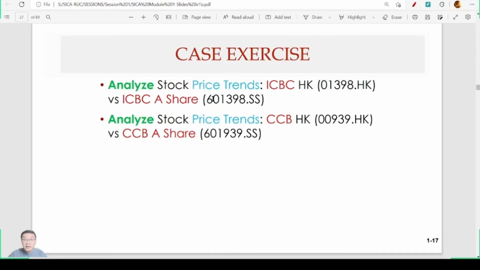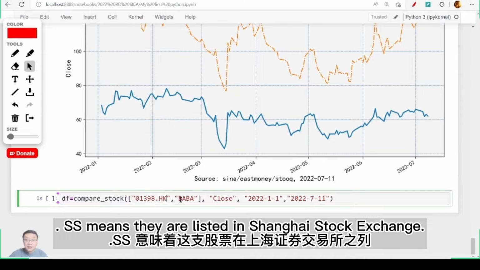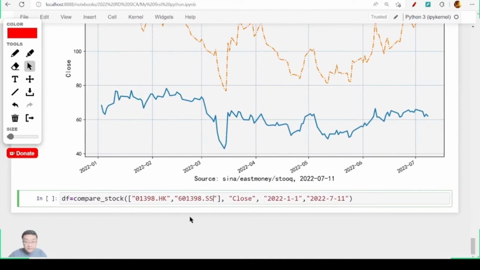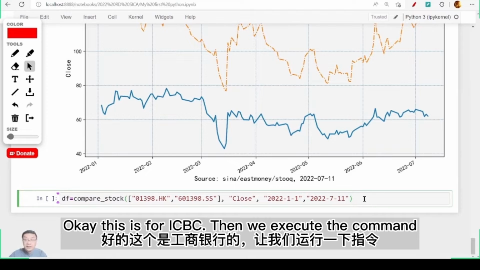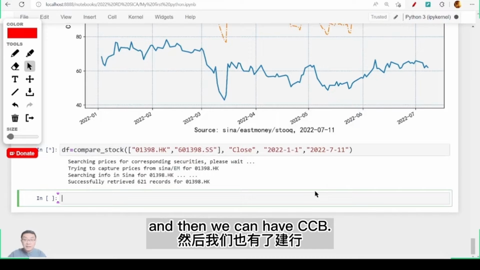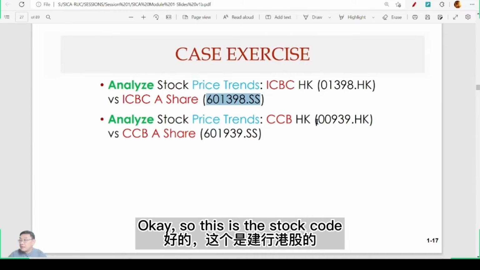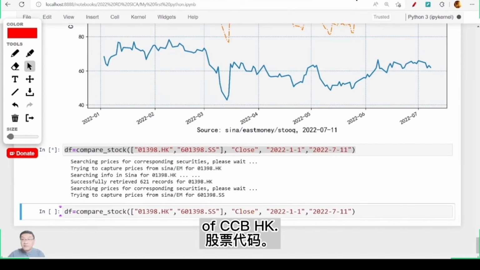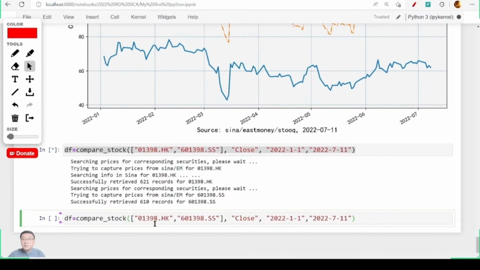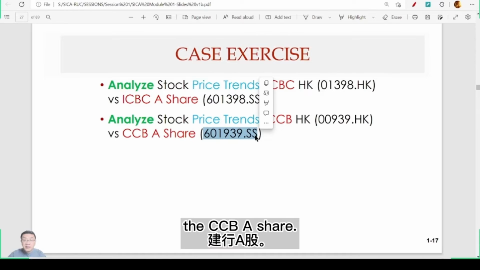This is CCB A share. .SS means they are listed on the Shanghai Stock Exchange. Okay, this is for ICBC. Then we execute the command. And then we can have CCB here. So this is the stock code for CCB Hong Kong, and this is the stock code for CCB A share.